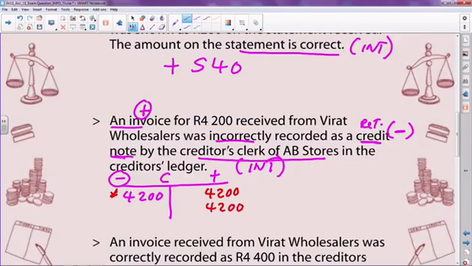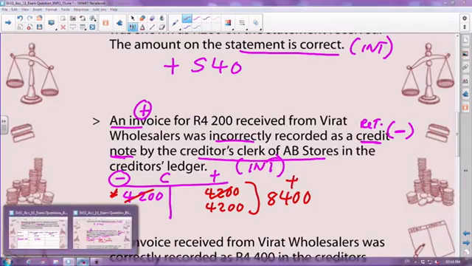So we need to add back 8,400, okay, because obviously the first 4,200 is to cancel the mistake that we've made. And the second amount of 4,200 reflects the correct invoice that should have been correctly credited. Okay, so this is where you're going to double the amount and you're now adding a total of 8,400. So let's do that on our answer sheet.